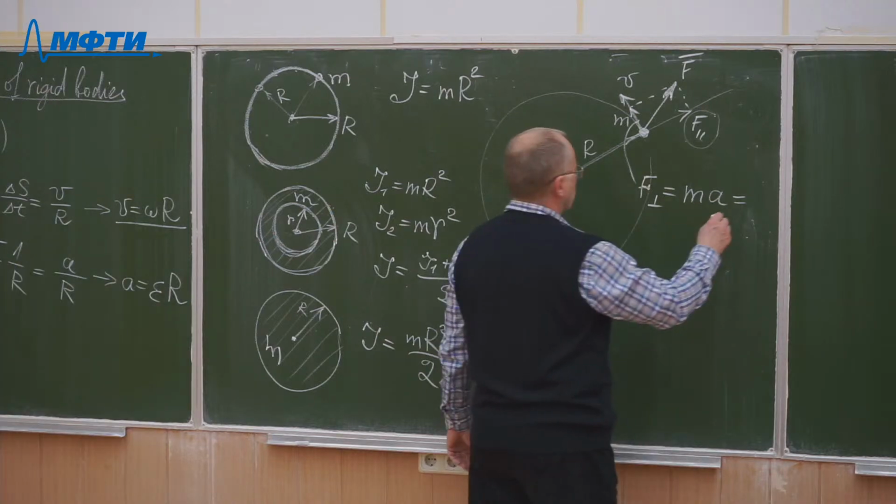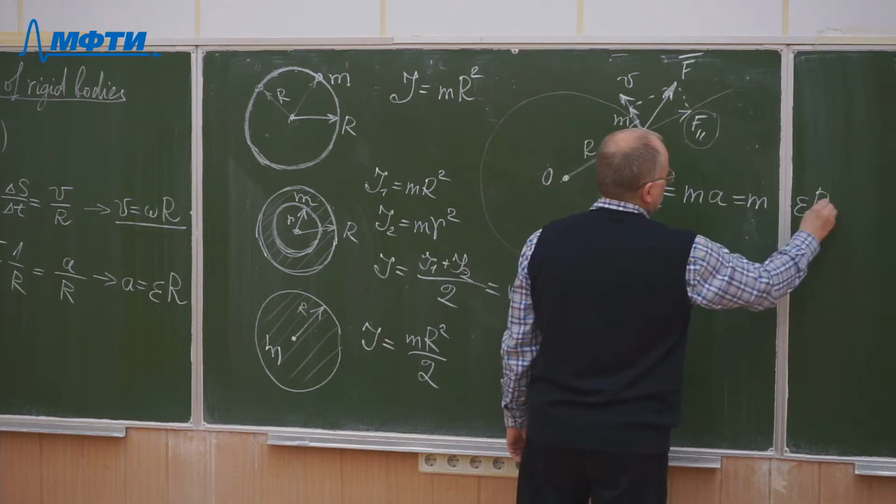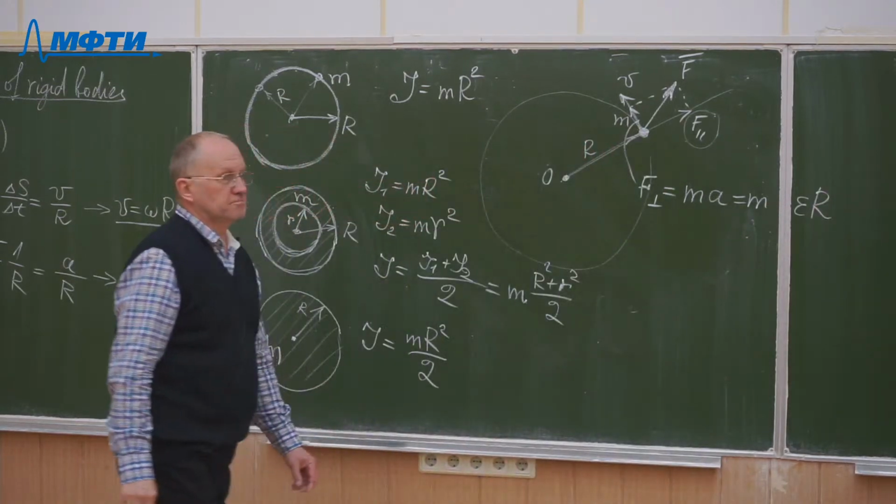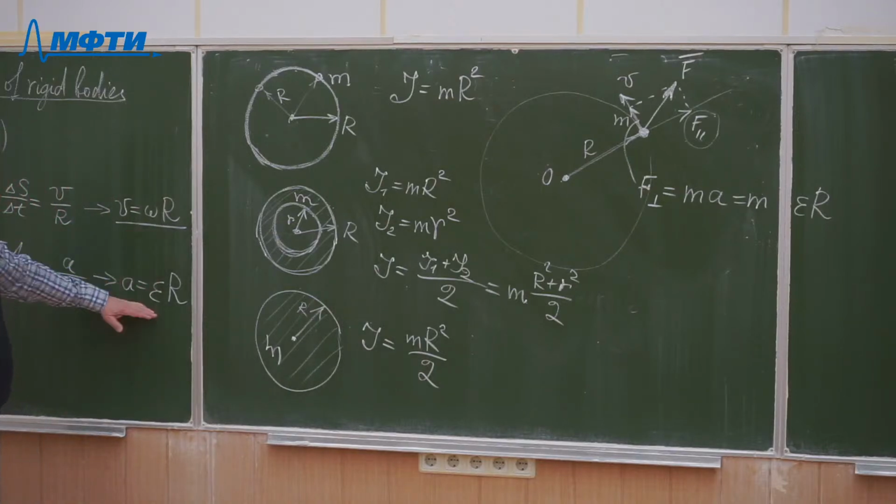So it will be F perpendicular equals mass times angular acceleration times radius r.